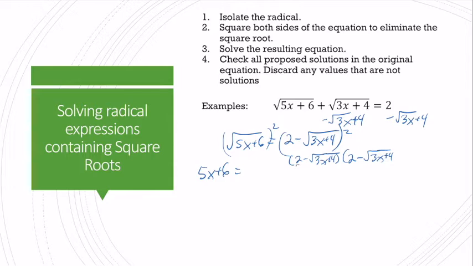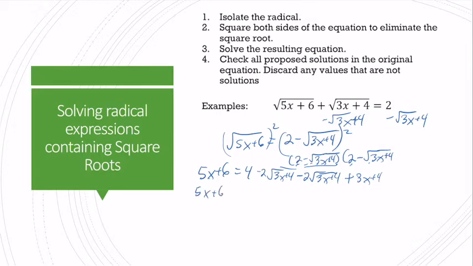So I have 2 times 2, that gives me 4. 2 times a negative square root of 3x plus 4 gives me a negative 2 square root of 3x plus 4. The negative square root of 3x plus 4 times 2 gives me a negative 2 square root of 3x plus 4. And then a negative square root of 3x plus 4 times a negative square root of 3x plus 4 gives me a positive 3x plus 4. I'm going to go ahead and combine like terms.